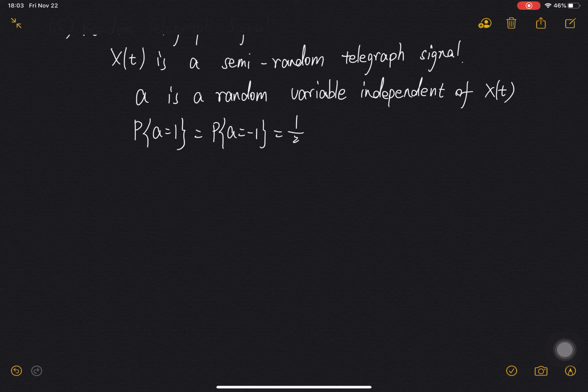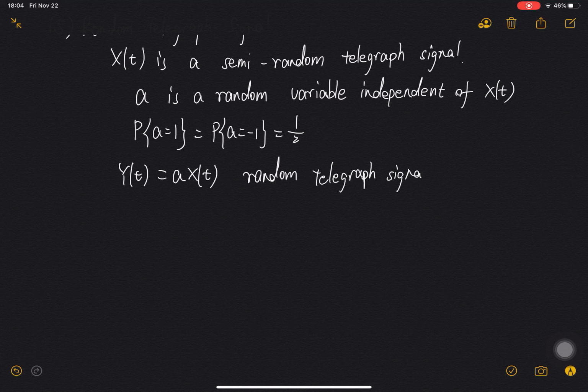And we define Y(t) equals A times X(t) as the random telegraph signal.